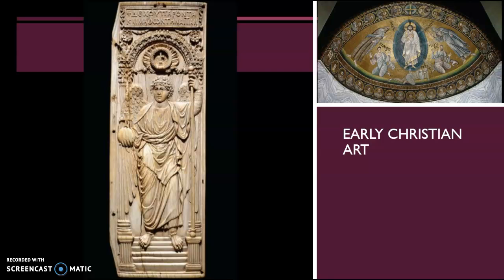So you can definitely see some Greek and Roman influences within early Christian art, and it also might have been to disguise the meaning of it, because Christianity was obviously not always accepted within Greek and Roman cultures.